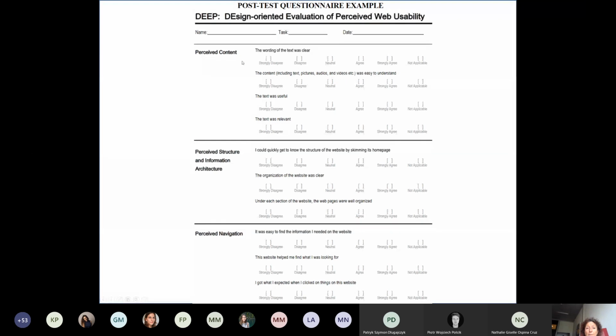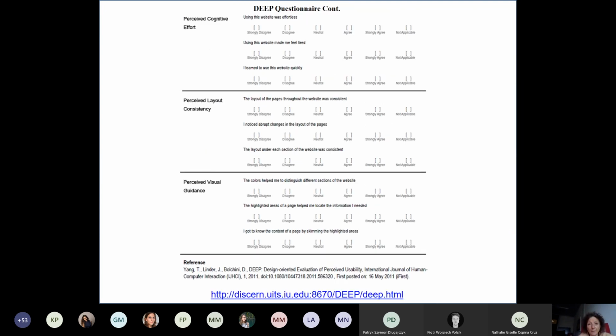Anyway, they organize the perceived usability of the user across different dimensions: content, information architecture, navigation. In this case, they use agree, disagree statement methods, and they have used a 6-value scale, so that the first 3 are more polarized toward negative, and the other 3 are more polarized towards positive, and there is no middle value that you cannot classify as positive or as negative.